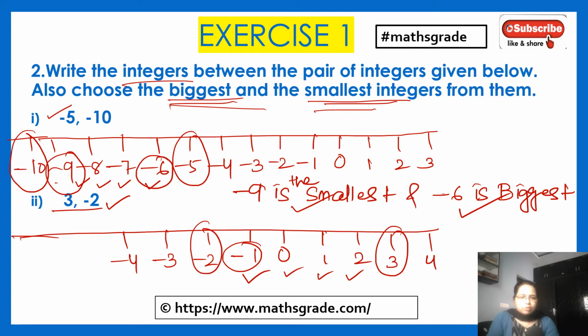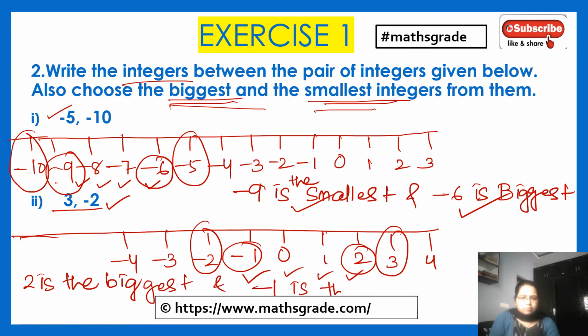So here 2 is the biggest integer, and all negative integers are smaller than the positive integers, so here -1 is the smallest integer. 2 is the biggest integer and -1 is the smallest integer between these four integers, -1, 0, 1 and 2.